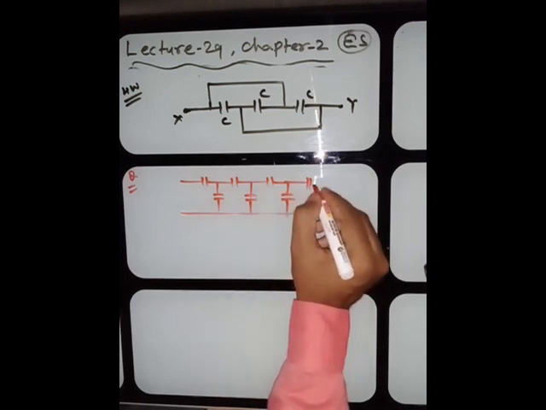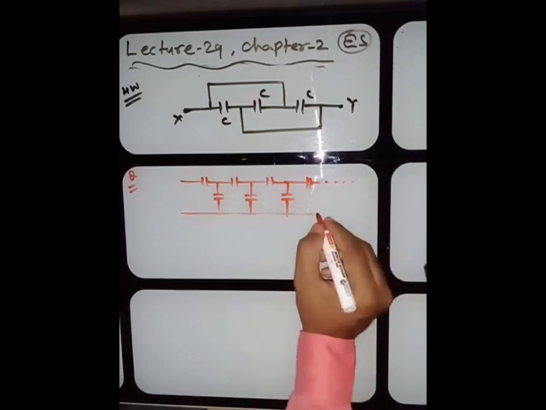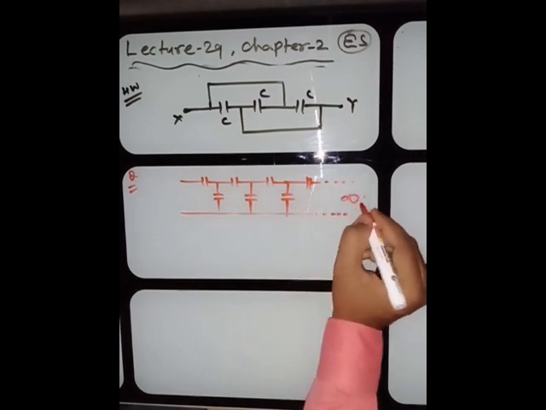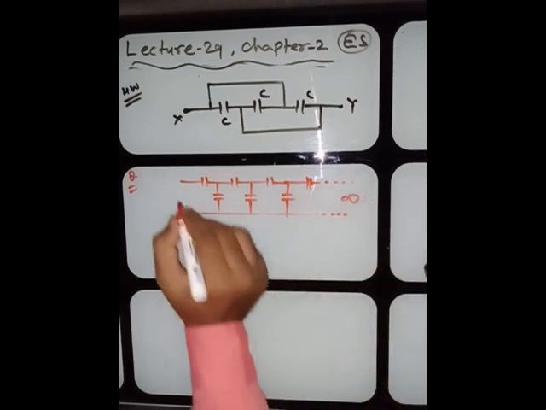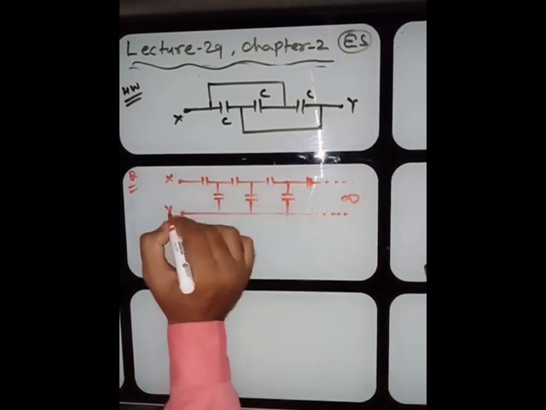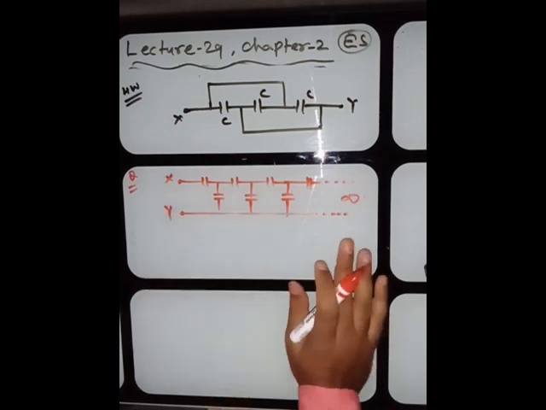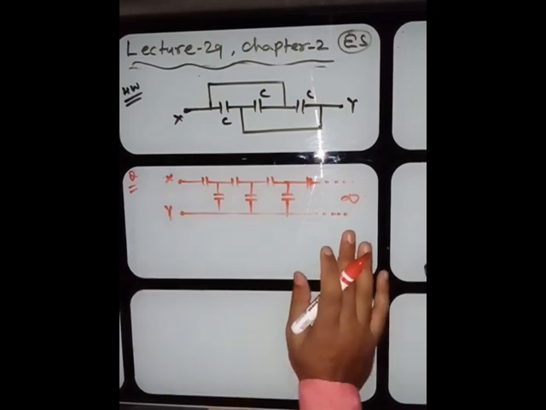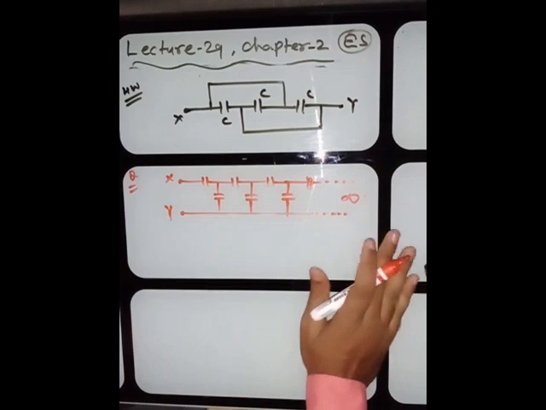And this type of structure going to infinity, and these are the two terminals X and Y. Between these two terminals you have to put a battery, but the question is to find the equivalent capacitance.